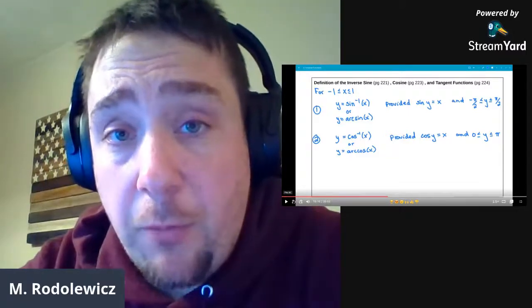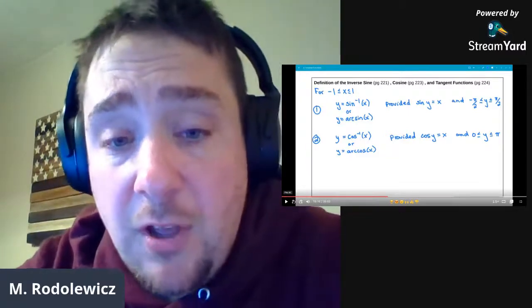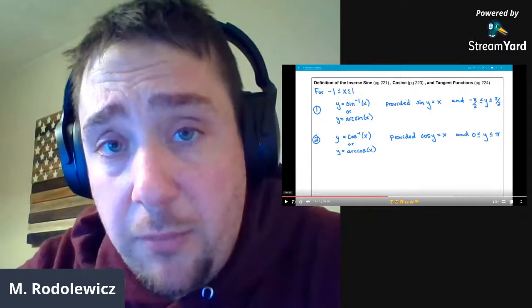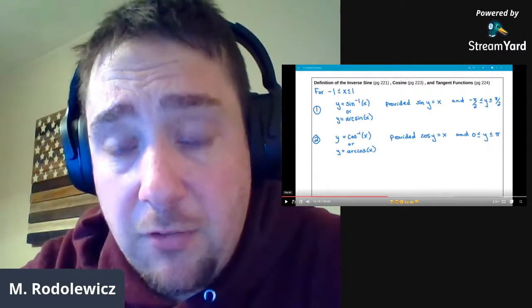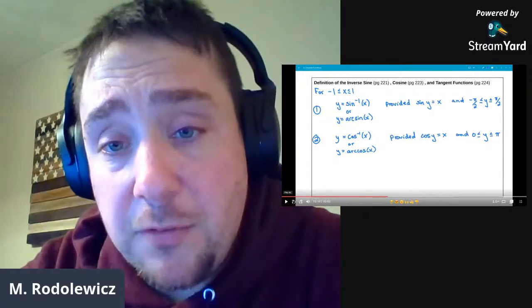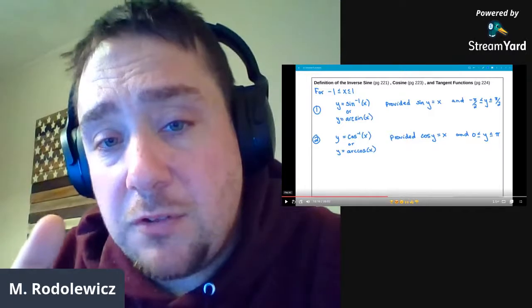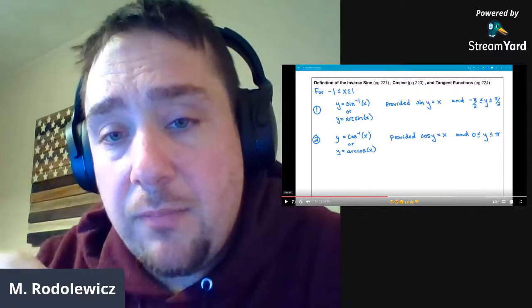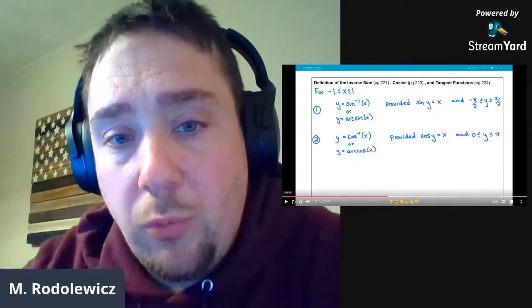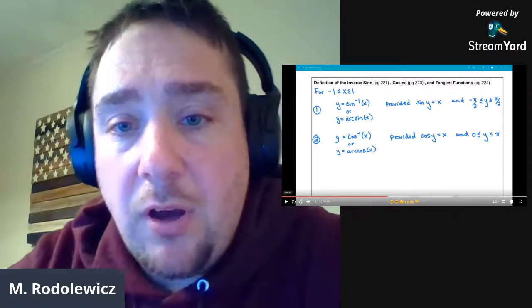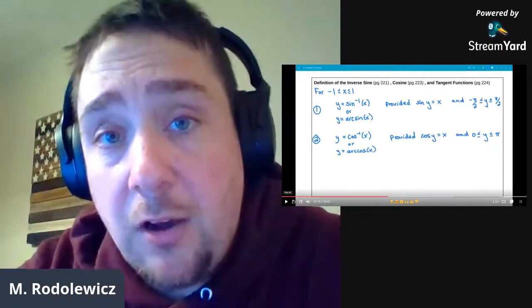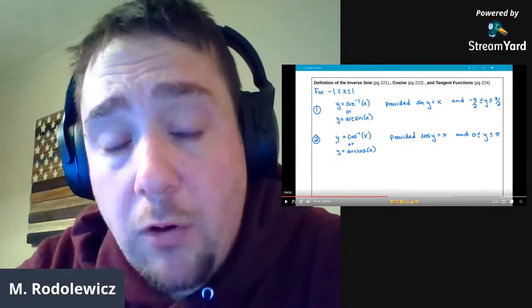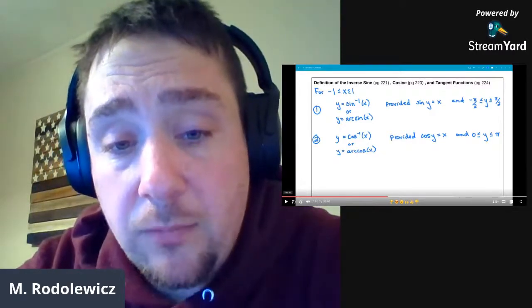Actually, you don't even form a one-to-one function, so it's not helpful. So I suggest you read the book or do some additional research yourself if you're interested in more information. But for those of you who just want to get to the facts, the inverse cosine will always be a value between 0 and pi. You're returning a quadrant 1 or a quadrant 2 angle.